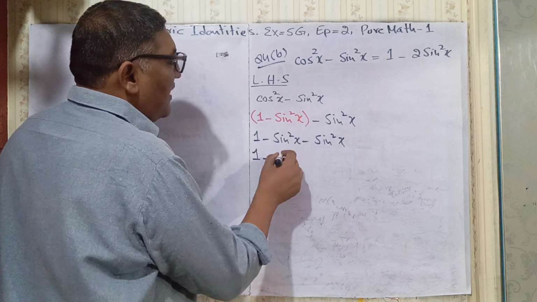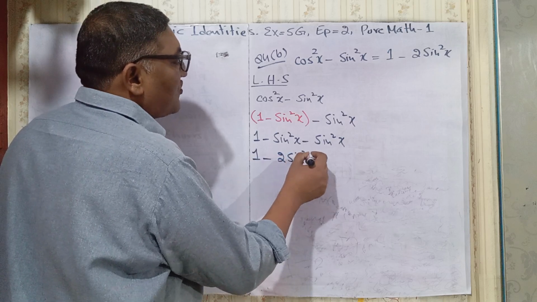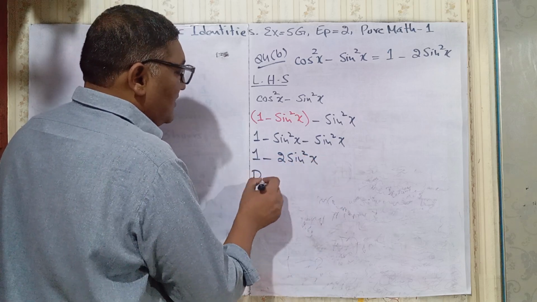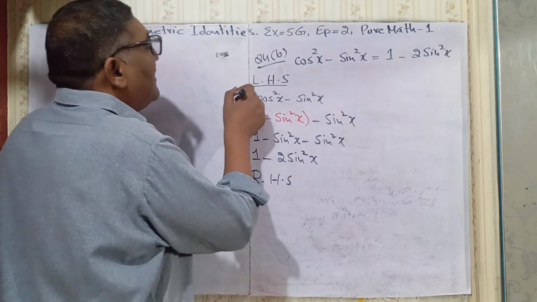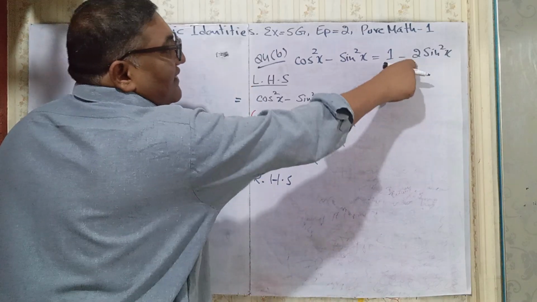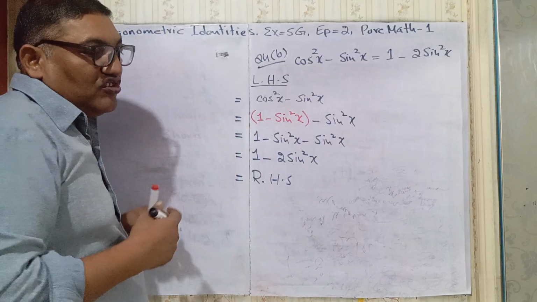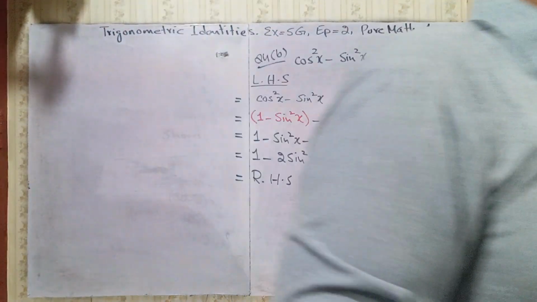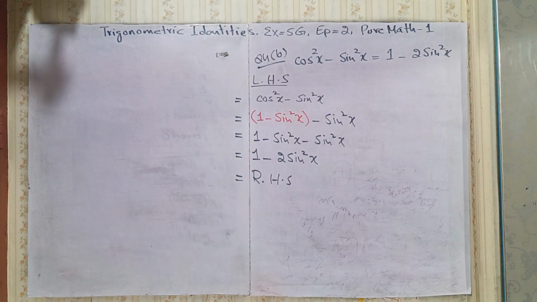So this will become 1 minus 2 sine square of the x, which is equal to the right hand side. So you see on the right hand side the same expression. So this is how you will prove. This is the question number 4 and its B part. This is how this question is done.